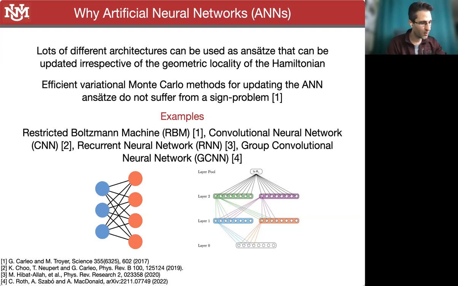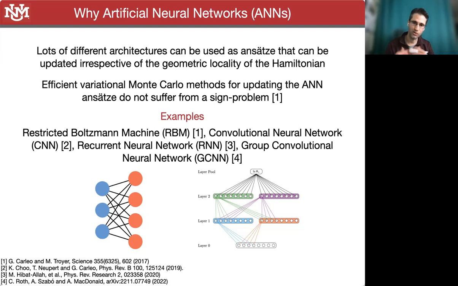First, because this is an area that's been studied a lot in machine learning and artificial intelligence, there are a lot of different neural network architectures that you can choose from, and you can update the parameters of these architectures in a way that doesn't care about what the underlying Hamiltonian looks like, right?